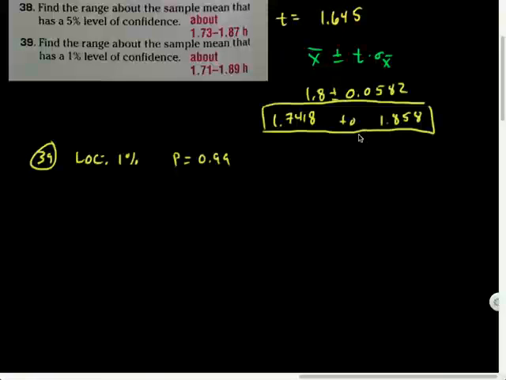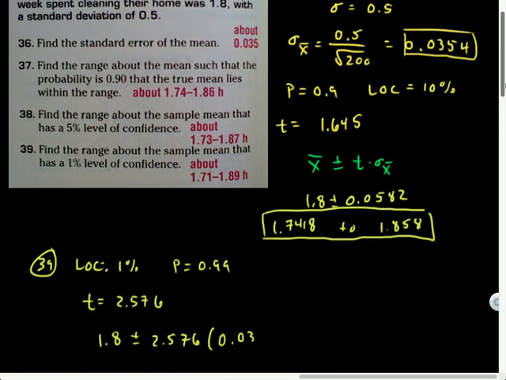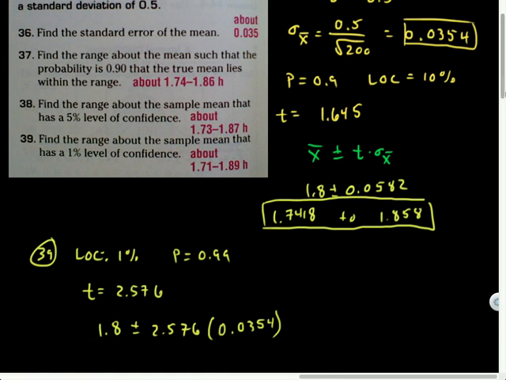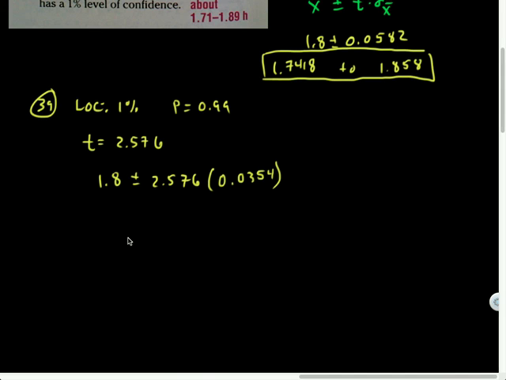So I look up 0.99, and 2.576 is the number of standard deviations above and below. To find the interval, I would just do 1.8 plus or minus 2.576 times my sigma sub x bar, which was 0.0354. 2.576 multiplied by 0.0354, I get 0.0912 that I'm adding and subtracting. 1.8 plus that is 1.8912 as my upper bound.